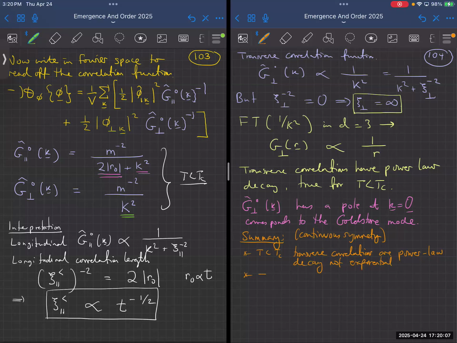For T less than TC, longitudinal correlations have exponential decay with distance.